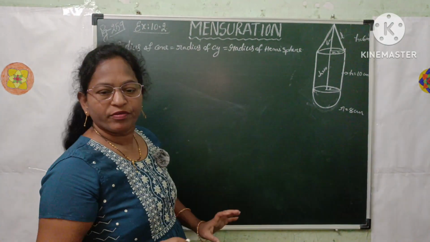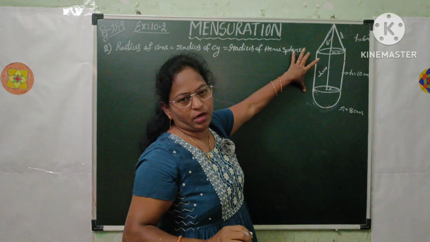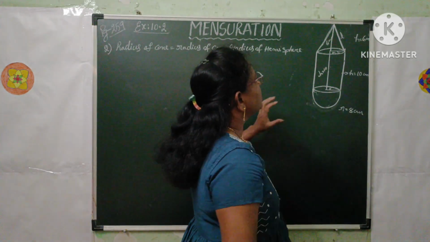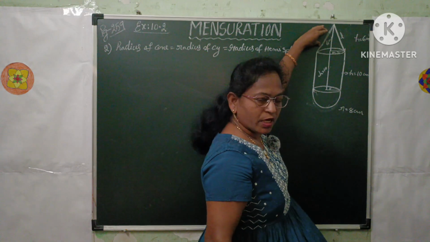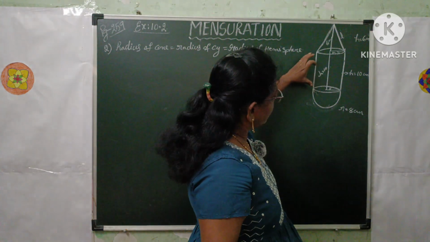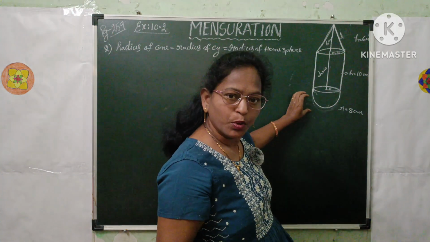And we have to find the total surface area of this solid figure. Solid figure means first we need to find the surface area of the conical portion, the cylindrical portion, and the hemispherical portion.